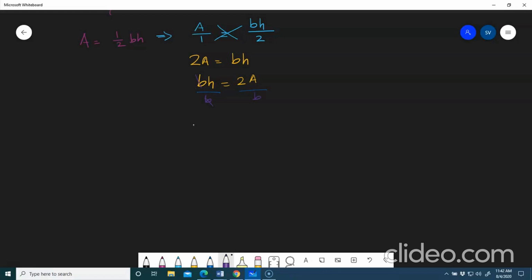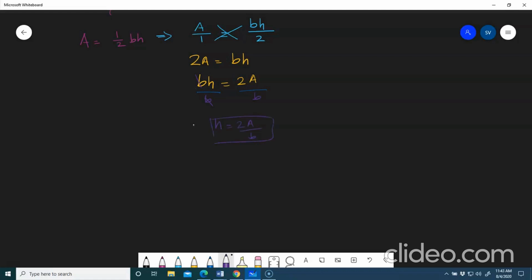Otherwise, the value of the given equation will change. So don't forget to do the operation on both sides. So b cancels out, and h is equal to 2a by b.